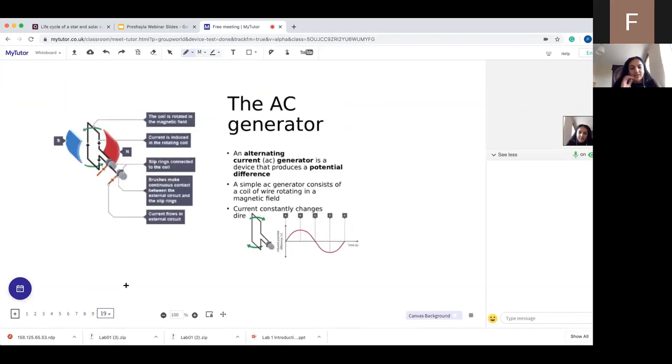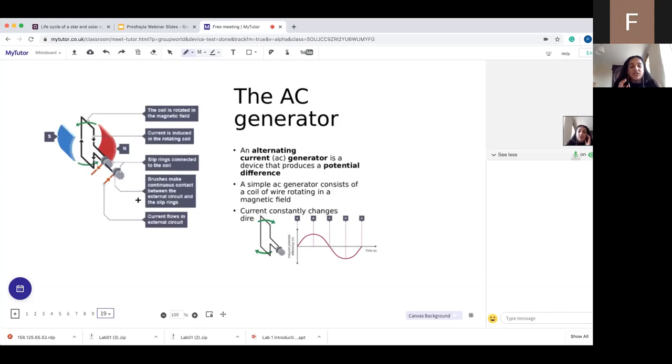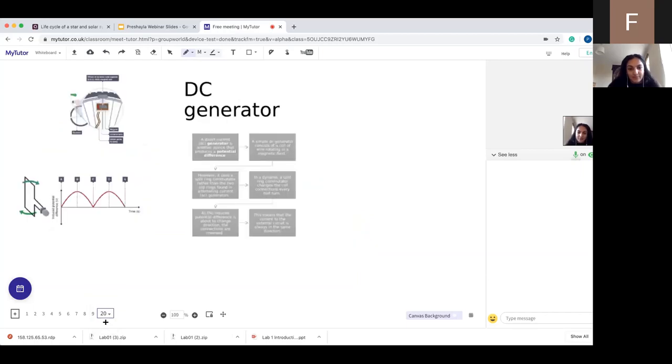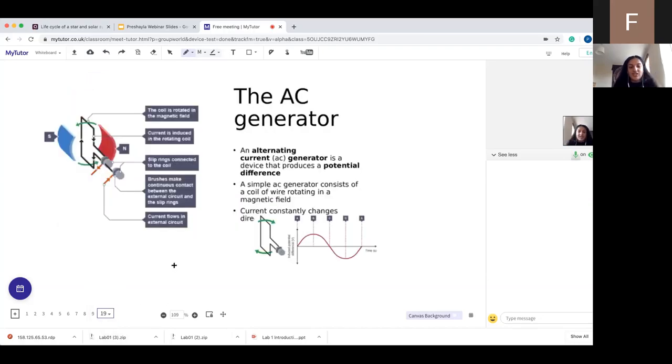Then we looked at the AC generator, which takes this wire in a magnetic field and only allows it to do a full turn.